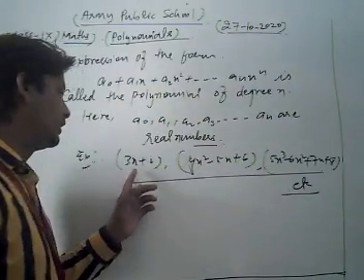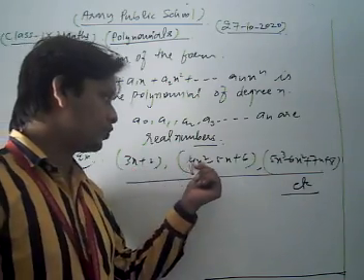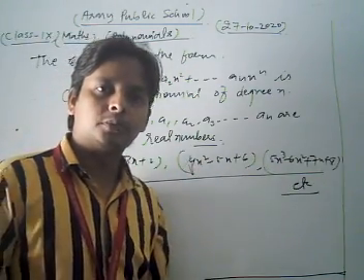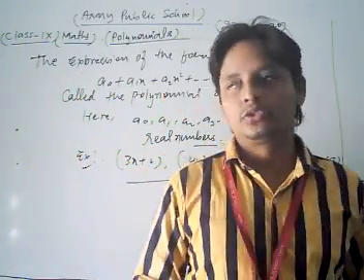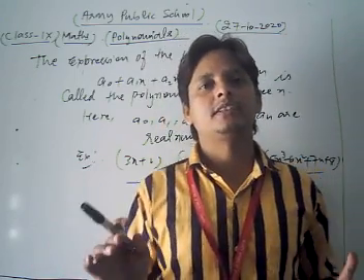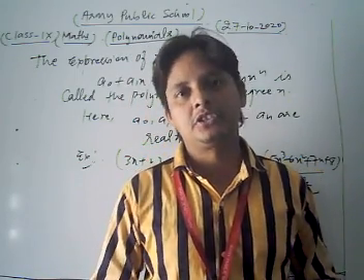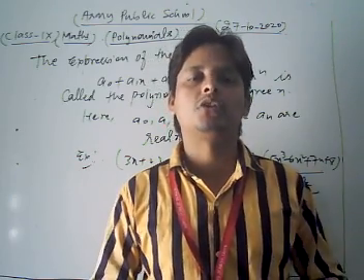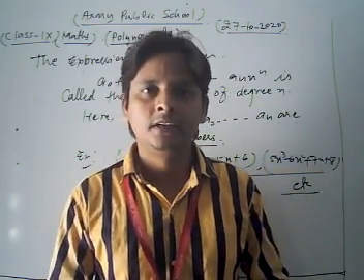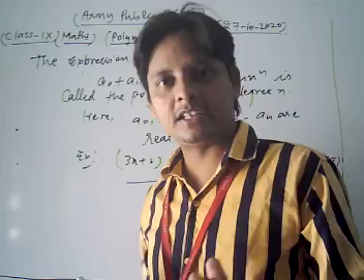This is a linear polynomial, this is a quadratic polynomial, this is a cubic polynomial. So in this way we can say that a polynomial is an algebraic relationship between constants and variables with some algebraic operations. Okay students, so it is clear now.